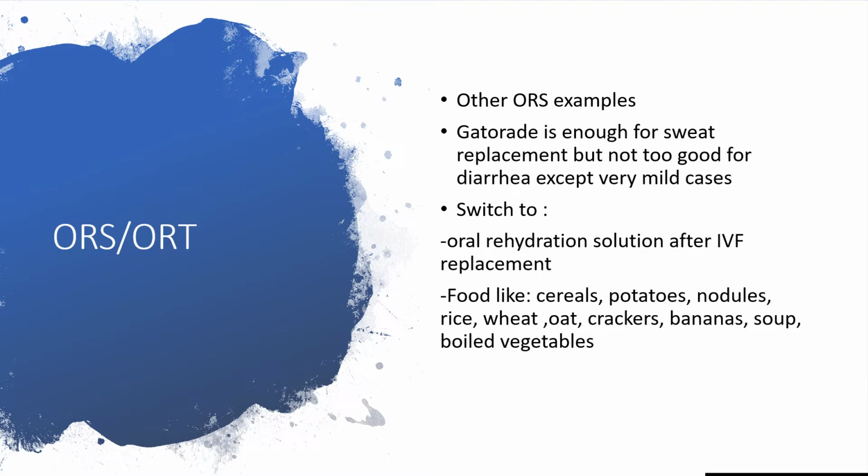Okay, then you can give foods like cereals, potatoes, noodles, rice, wheat, oats, crackers, banana, soup, and boiled vegetables. They are good for people with diarrhea.